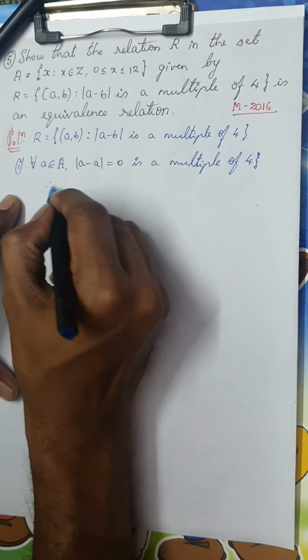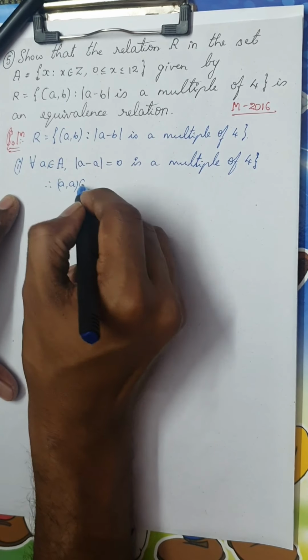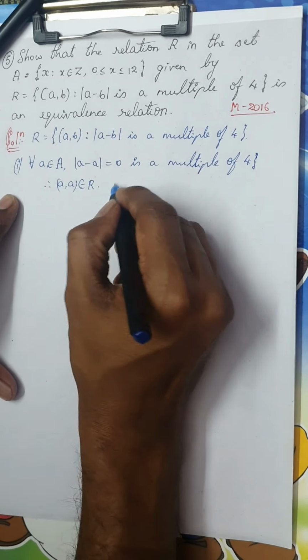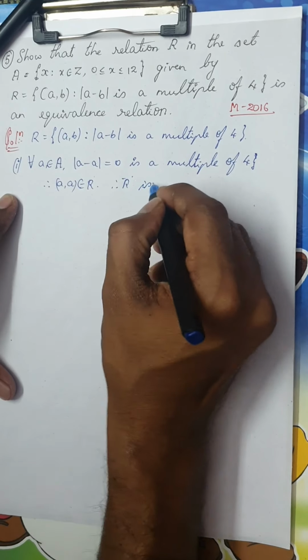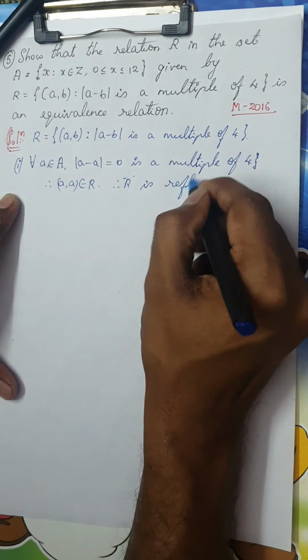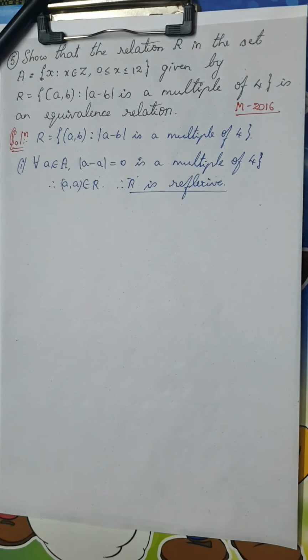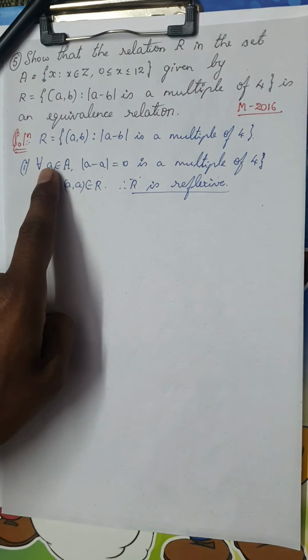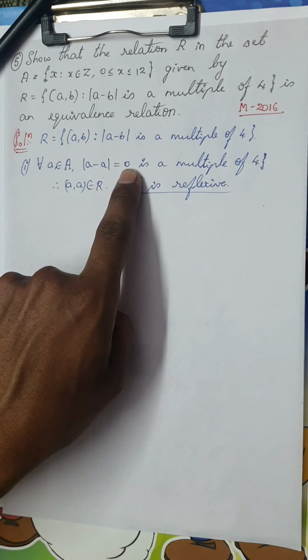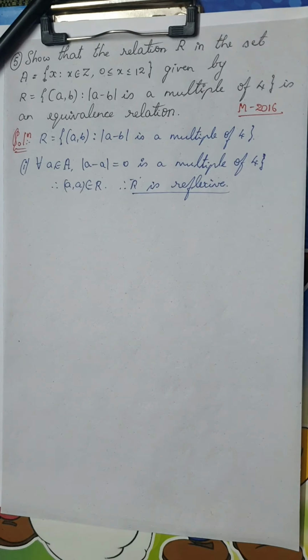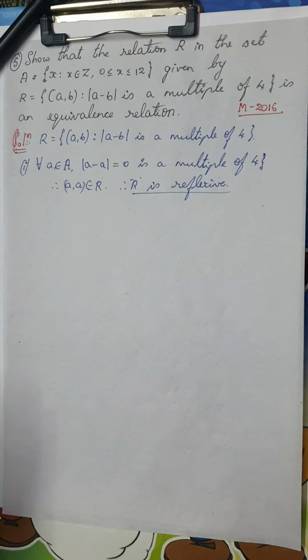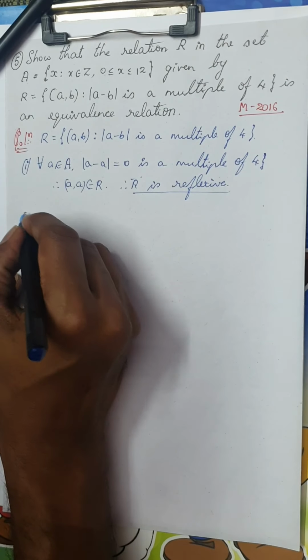Therefore I can write A comma A belonging to R. Therefore R is reflexive. Such an easy relation. So if you take any element, element minus element is 0. 0 is definitely a multiple of 4. Following? Okay, going to the next one.